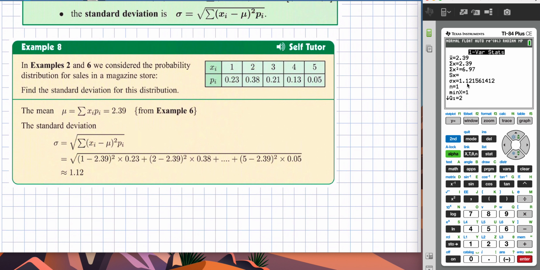There are other values that are found in this list as well, which we don't necessarily need to worry too much about at this point. But you can go down and see that the minimum value is a 1 that could possibly happen. It does the box plot type stuff as well. It doesn't have a mode because this set of data doesn't work like that.